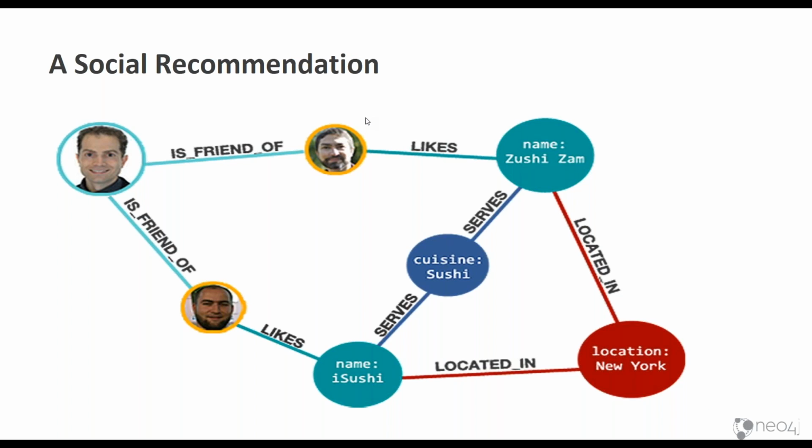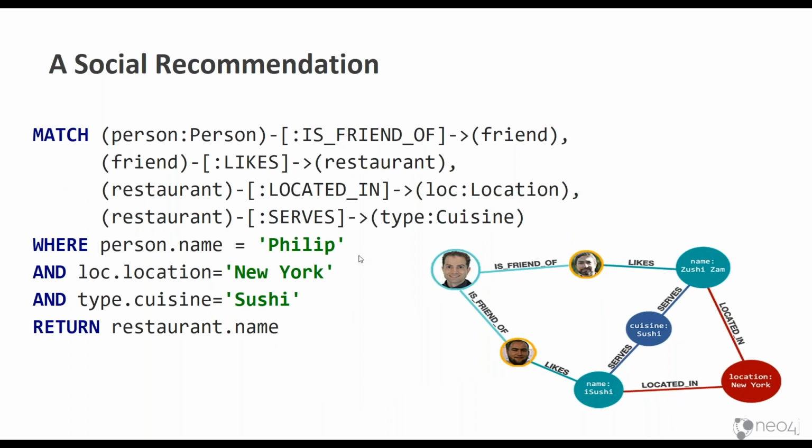So let's have a look at the query. Very simple. So we're matching person is friends with friend, or is friend of friend. So that's effectively going to say, find me these two nodes where they're friends of friends. Now, find me friends like restaurant.